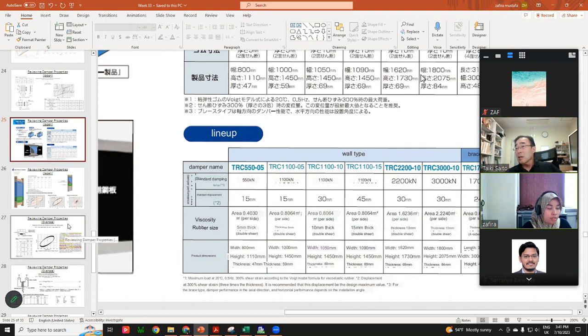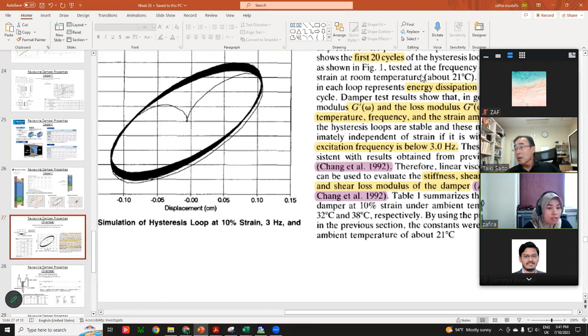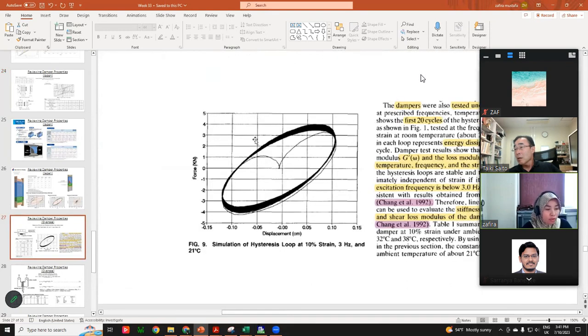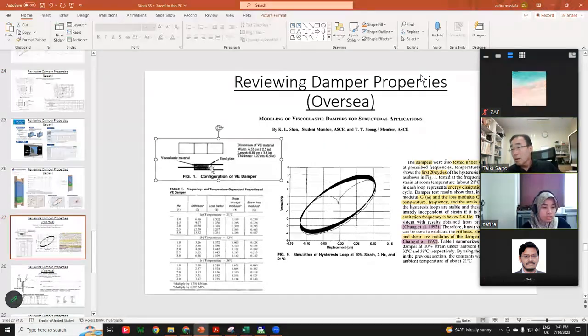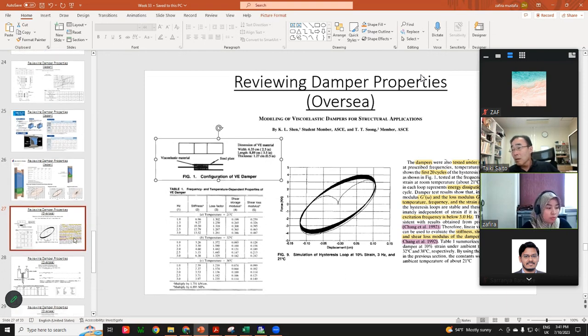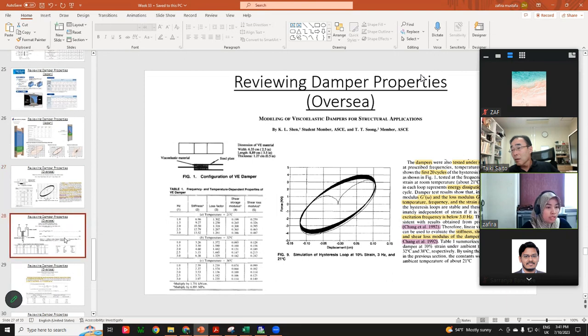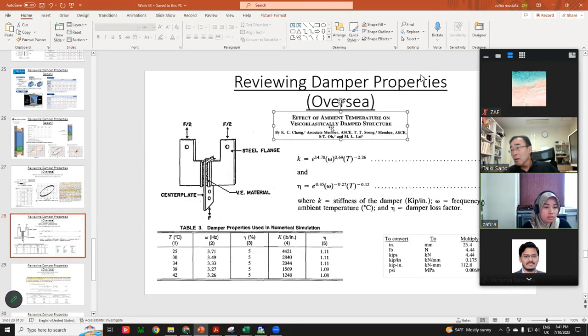Okay. And from overseas, outside of Japan, I mostly found it from papers. So this paper shows the properties, and this is how the viscoelastic damper looks. This paper actually took the properties from Chang, this researcher, who used this formula to evaluate the properties.